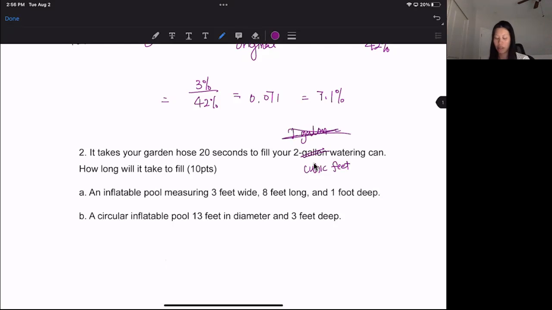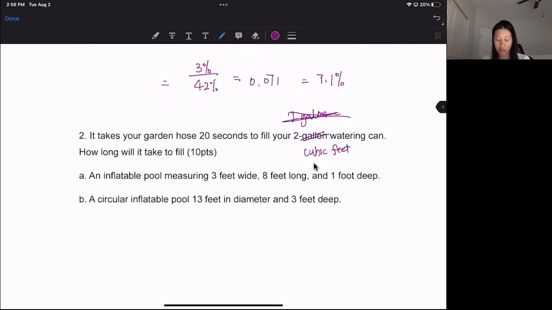But I still want to go over these kinds of questions. So it takes your garden hose 20 seconds to fill up, let's say, 2 cubic feet of water can. How long will it take to fill up an inflatable pool measuring 3 feet wide, 8 foot long, and 1 foot deep? So the first step is you need to find the volume. It's a rectangle pool, right?